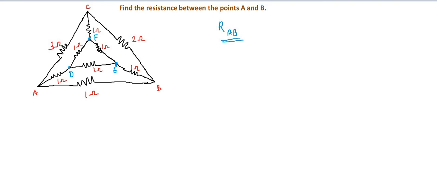So here in this problem we can see that there is a delta network. This D, F and E constitute a delta network. So we can convert this delta into a star network.